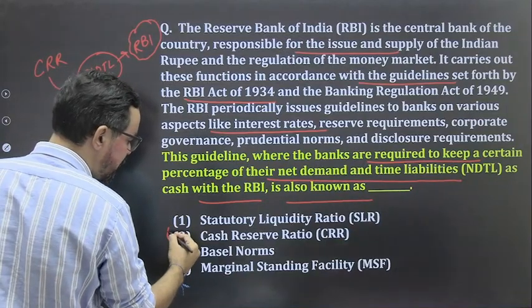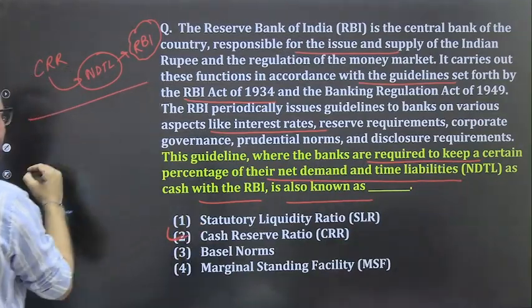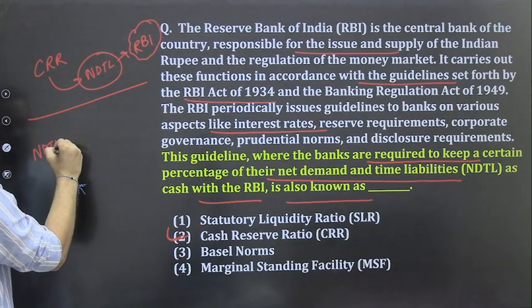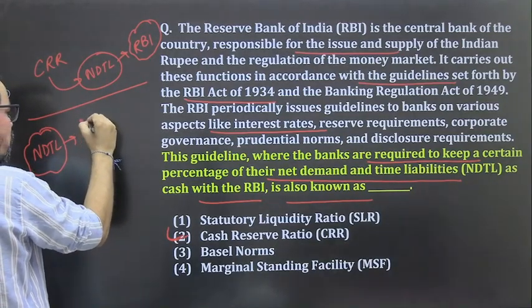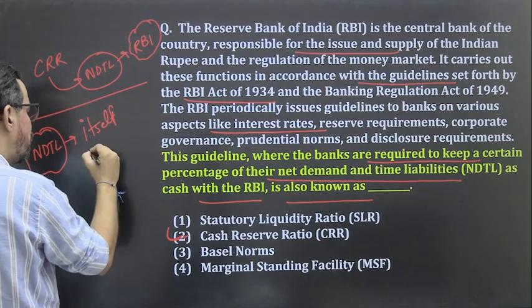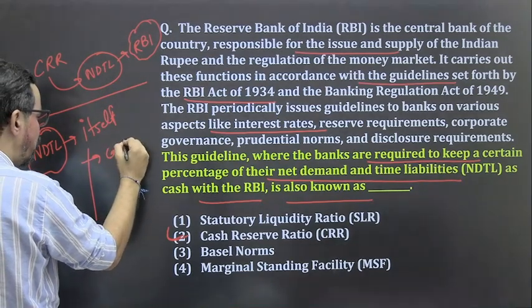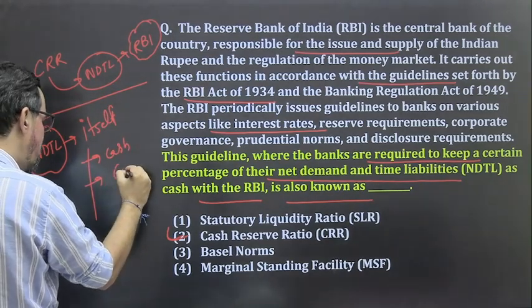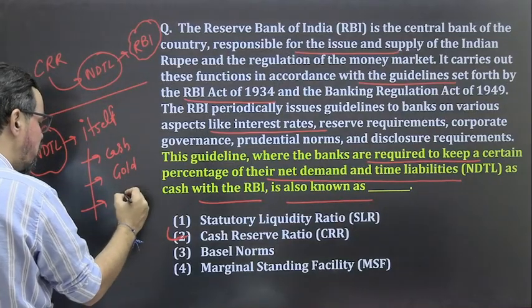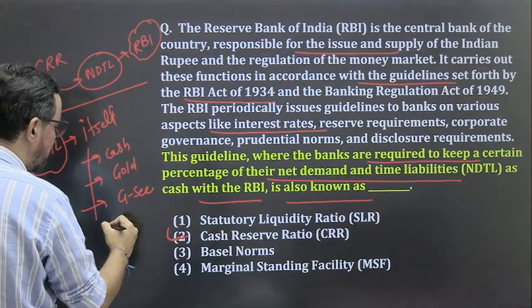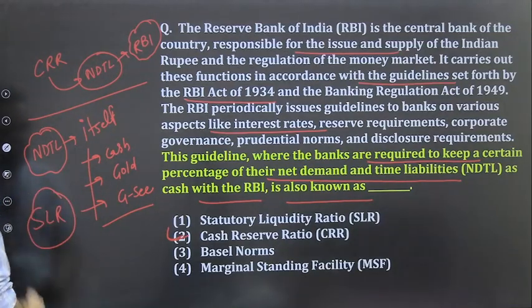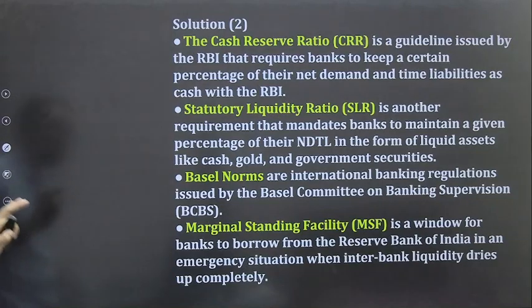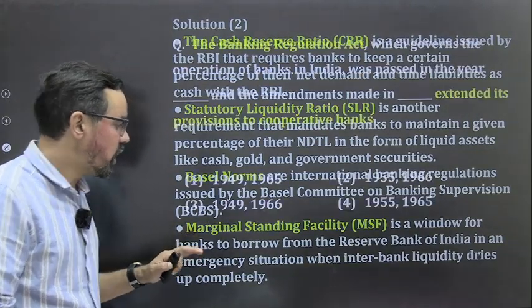And another reserve is where banks generally need to maintain a certain portion of their NDTL with themselves. Okay, they have to maintain it with themselves, in the form of cash, gold, and approved securities, which are generally government securities. So this is known as SLR, statutory liquidity ratio. Current SLR is 18% and current CRR is 4.50%, right? Very basic. Okay, next one.